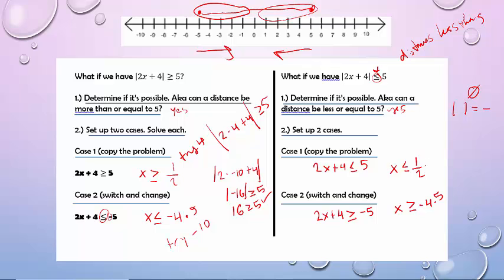So even though we got the same answers as when the sign was reversed, the signs are reversed of each other. So I know it's very confusing at first, but it really works if you just copy the problem and then simply switch the direction and change it to a negative. If you can remember those two steps, then you can handle these problems just fine.